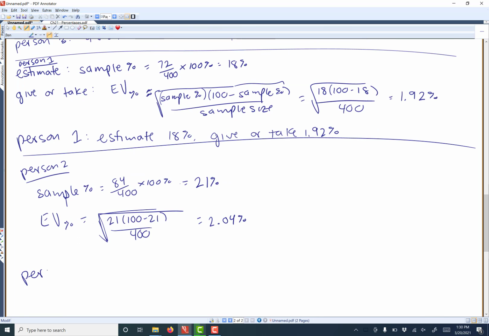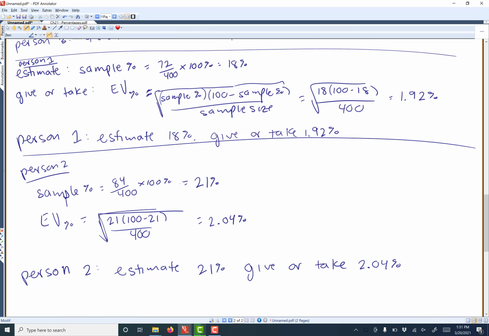So that means person 2 has an estimate of 21%, give or take 2.04%.